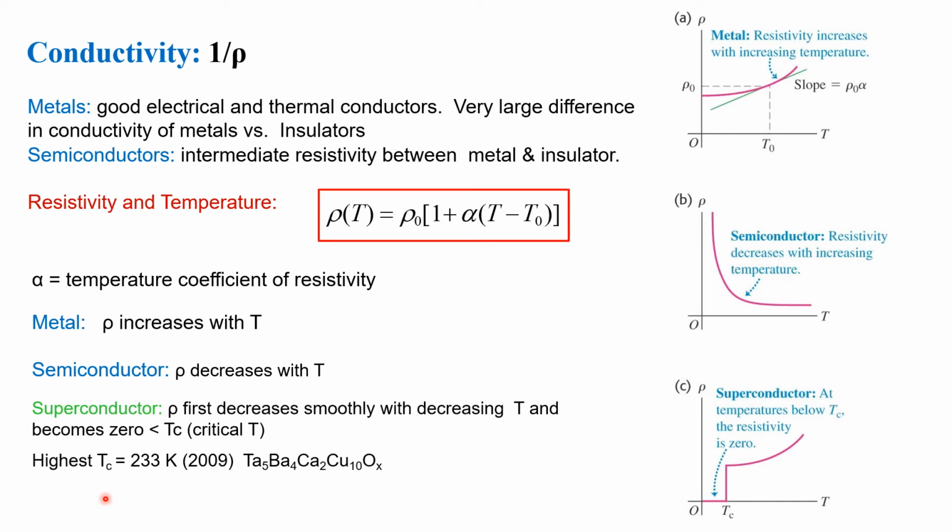This is the graph for resistivity with temperature for metals. For semiconductors, the resistivity decreases with temperature. For superconductors, at temperatures below the critical temperature, the resistivity is just zero. So it first decreases smoothly, and then it drops at the specific critical temperature Tc.